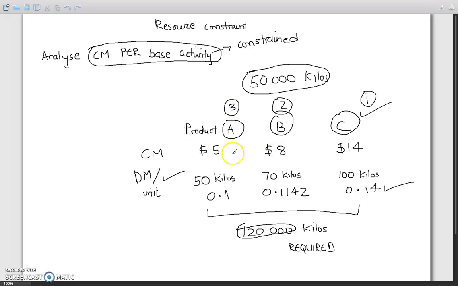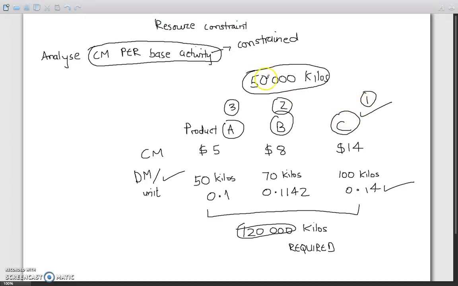All right, so this is how you prioritize, and this is how you essentially rank your products. So this 50,000 now, you're going to allocate in this order. First, you're going to make as many units as needed for product C, because that's your star product, that's number 1.